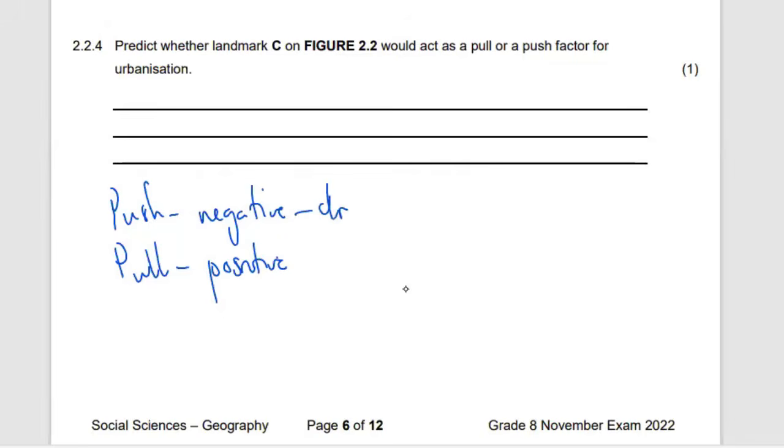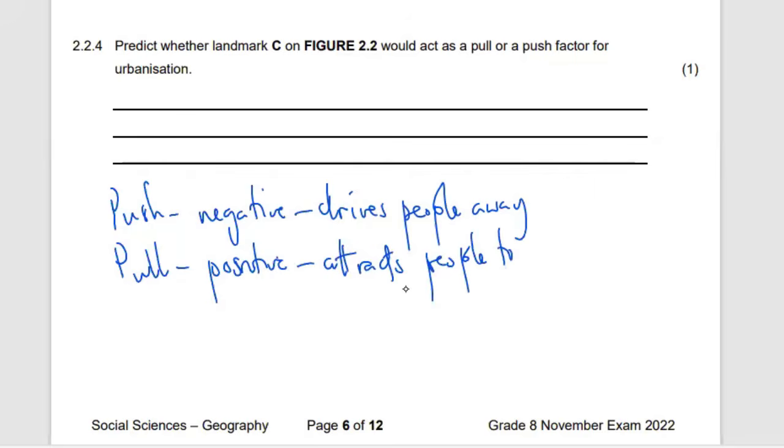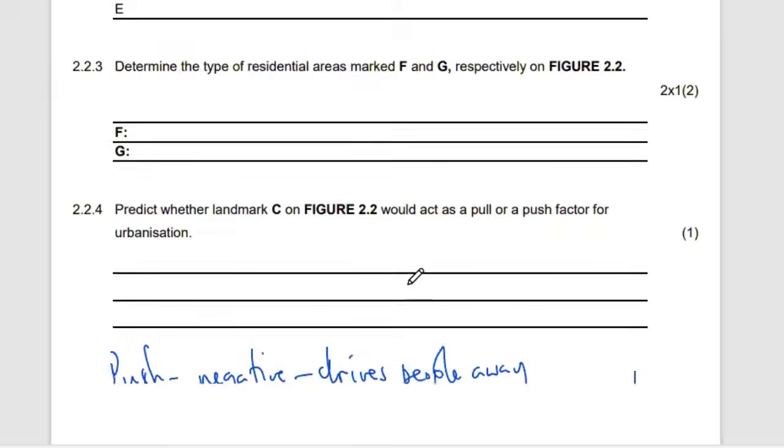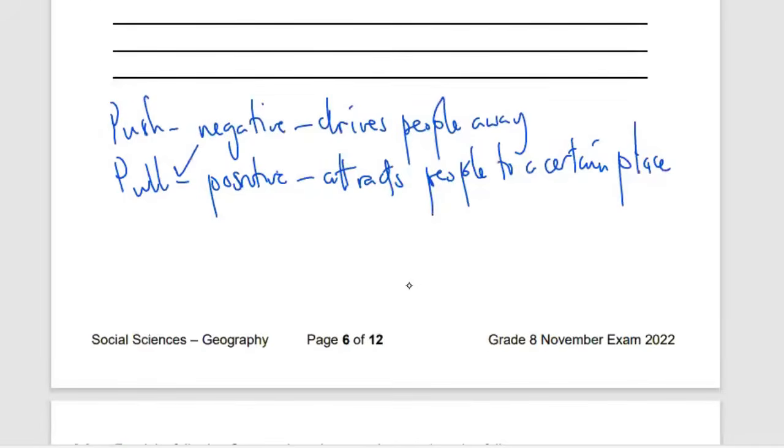Negative drives people away, and a pull attracts people to a certain place. So recreation is a pull factor. People want to go and stay in areas where there are recreational facilities. So it's a pull factor.